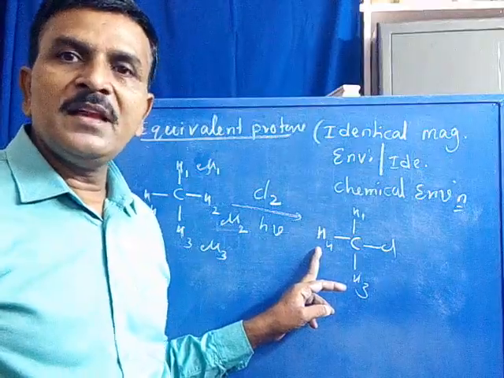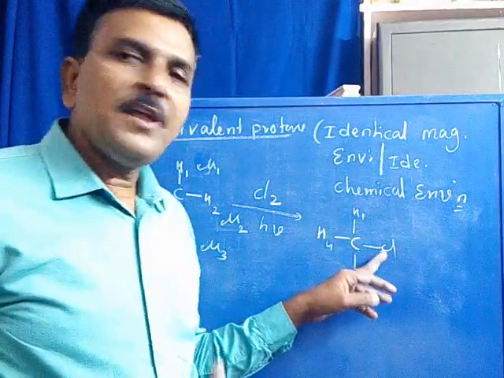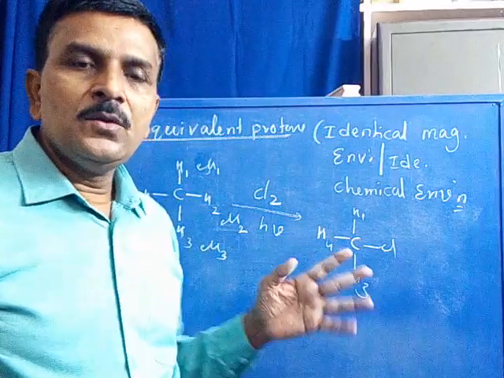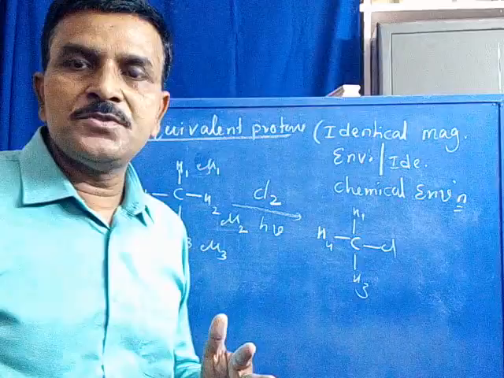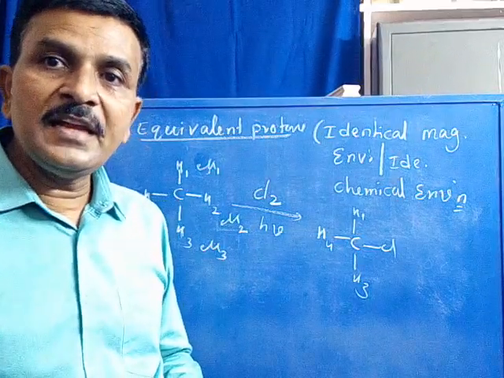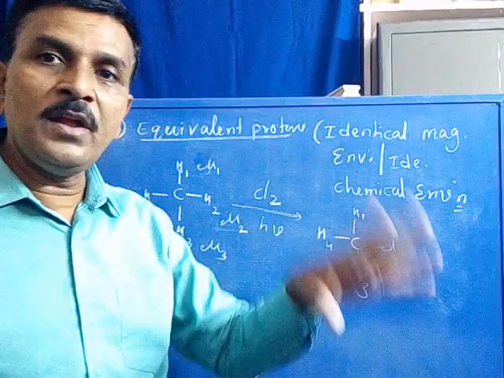We will always get methyl chloride, whether H1 or H2 is replaced. Similarly H3 or H4. So replacement of any proton results in the same product, which indicates all protons are chemically identical.